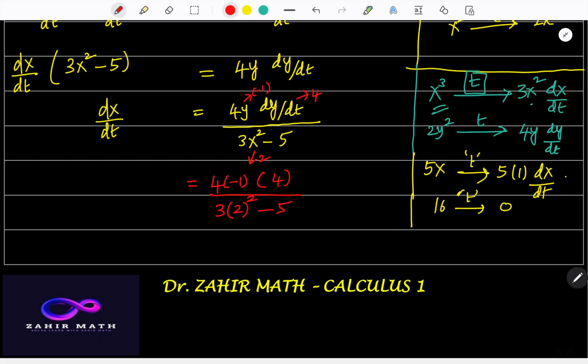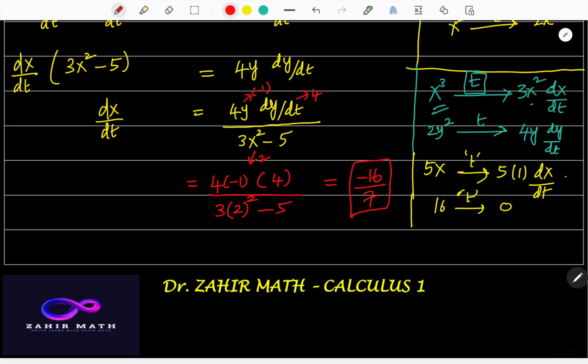So let me calculate these values. Minus 4 times 4 divided by 3 times 2 square minus 5 is equal to minus 16 divided by 7 is your answer. Understand? Clear all of you?